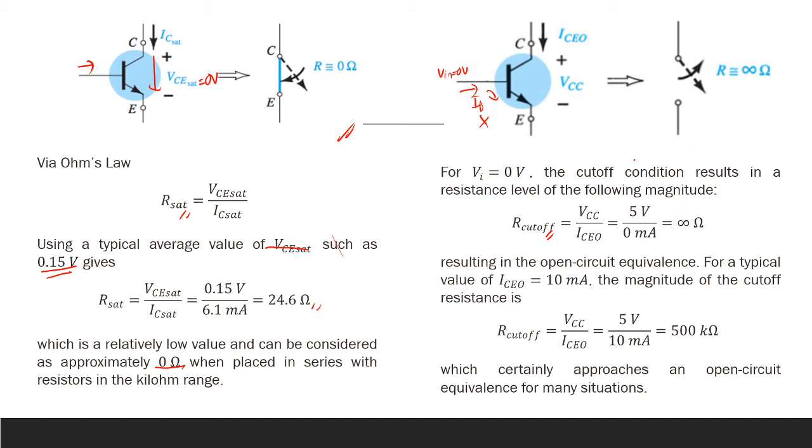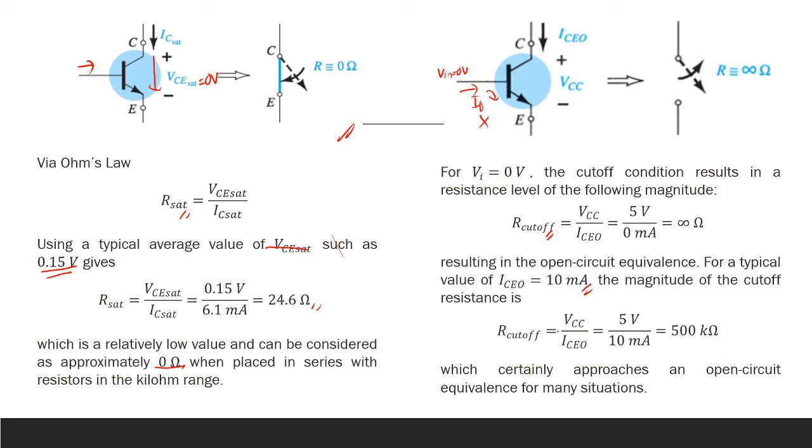Ayan, but however, kung katulad nito kanina, hindi naman talaga totoo na open yan. May nagpo-flow pa rin na current, pero sobrang liit lang. Now, for a typical na circuit, ang ICEO mo, usually nakikita rin to sa mga specification sheet, is nasa 10 milliamperes. So, gamitin natin yung value na yan. Kung 10 milliamperes, mag-Ohm's law na tayo ulit.